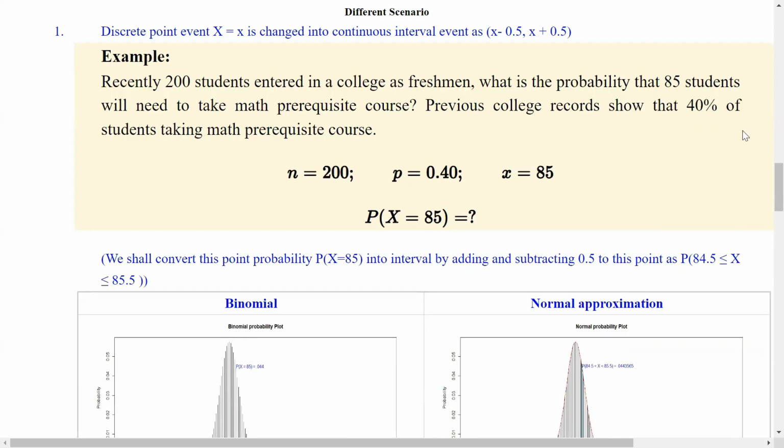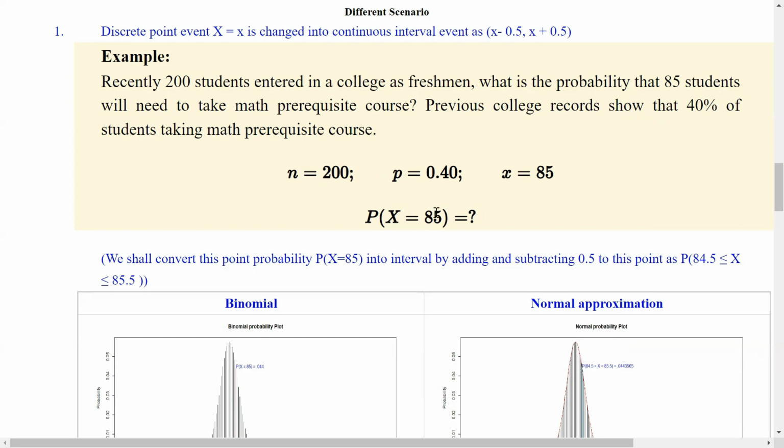In the past, 40% of them took this course. The parameters here are n equal to 200 and the probability p equal to 0.4. The point value of the random variable x equals 85.